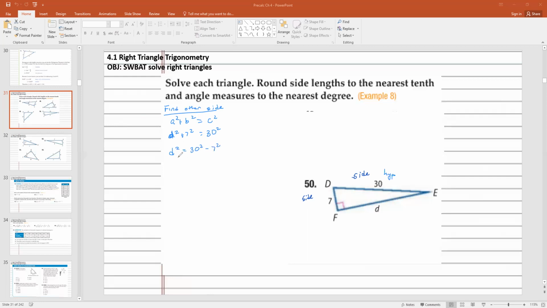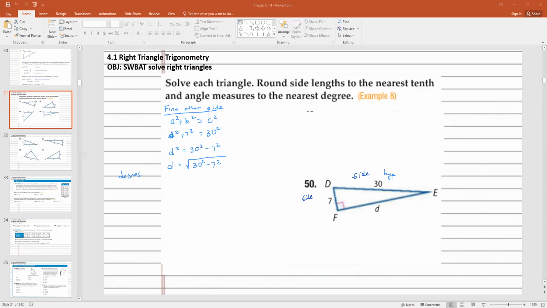And then we need to get rid of that square. The opposite of squaring is square rooting. So we square root both sides and we get the square root of 30 squared minus 7 squared. And then you plug this into Desmos. Okay, now I wish I had opened up Desmos ahead of time. There we go.